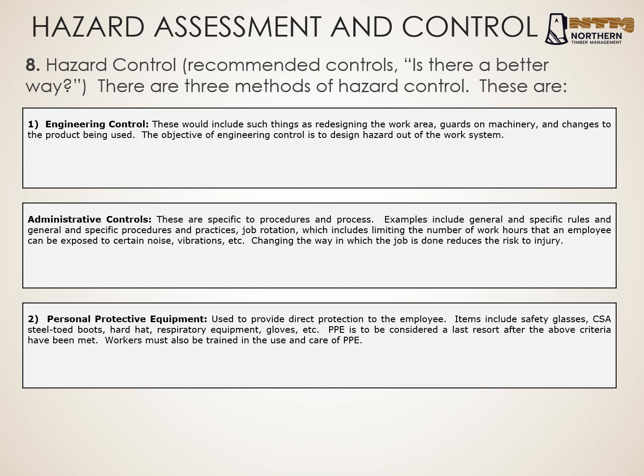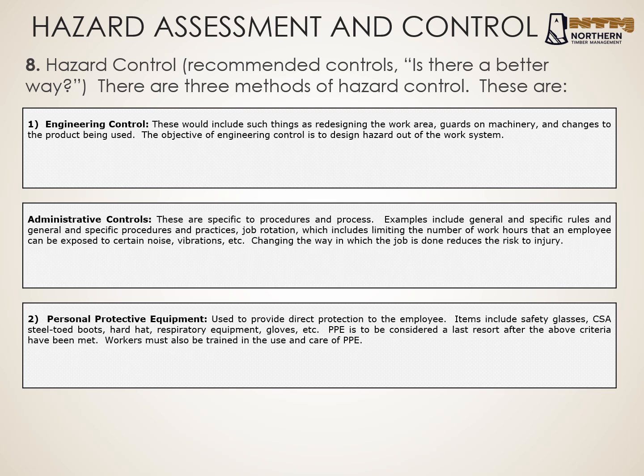These are specific to procedures and process. Examples include general and specific rules and general and specific procedures and practices, job rotation, which includes limiting the number of work hours that an employee can be exposed to certain noise, vibrations, and etc. Changing the way in which the job is done reduces the risk of injury.